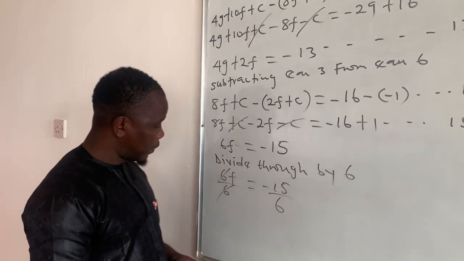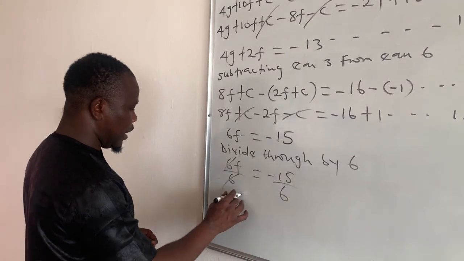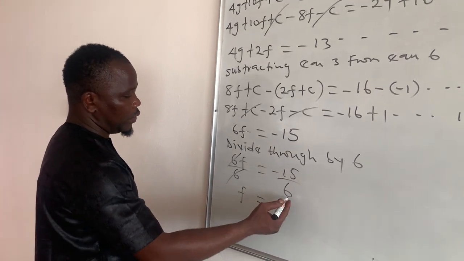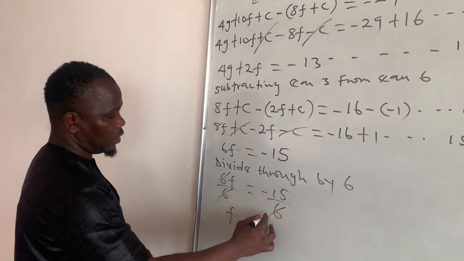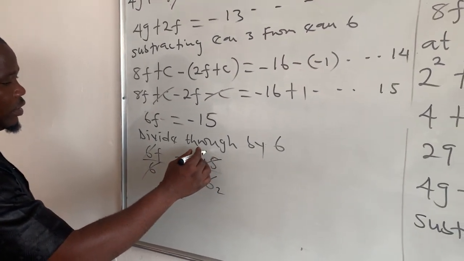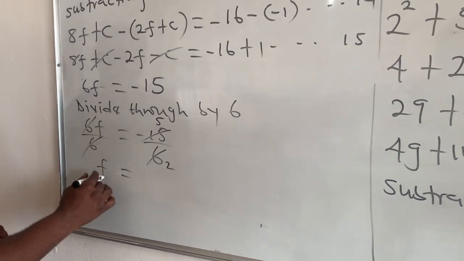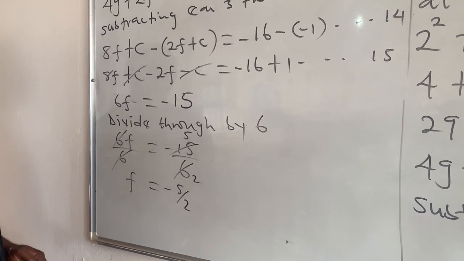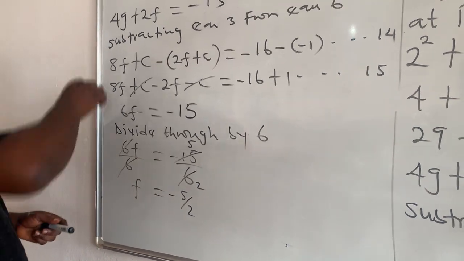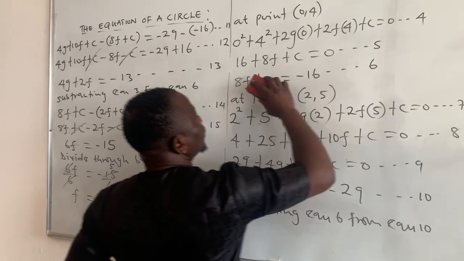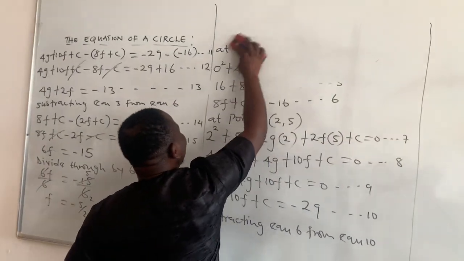Is that clear? Then we'll be left with f. 3 to 6 will give us 2, 3 to 15 will give us 5. So our f is equals to minus 5 all over 2. We are able to obtain the value of f.